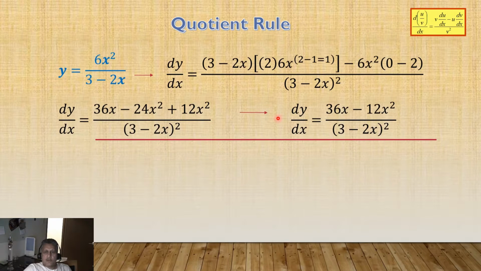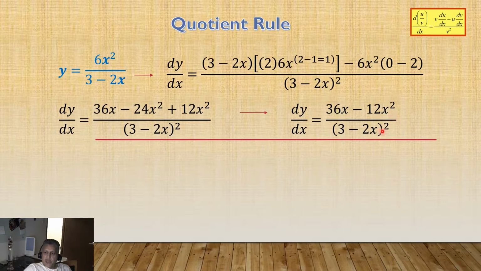Oh no, I could put together these two here and come up with a minus 12x, because these are like terms. So we have 36x minus 12x squared.